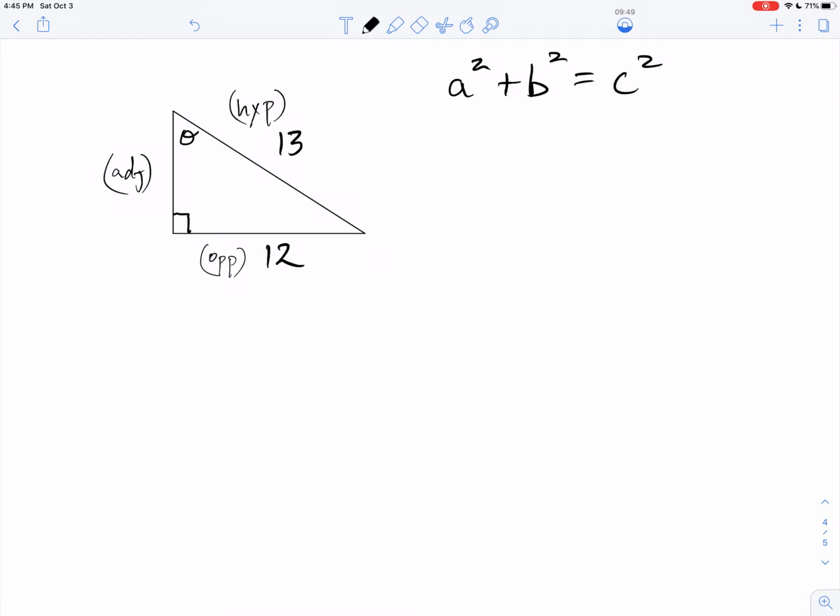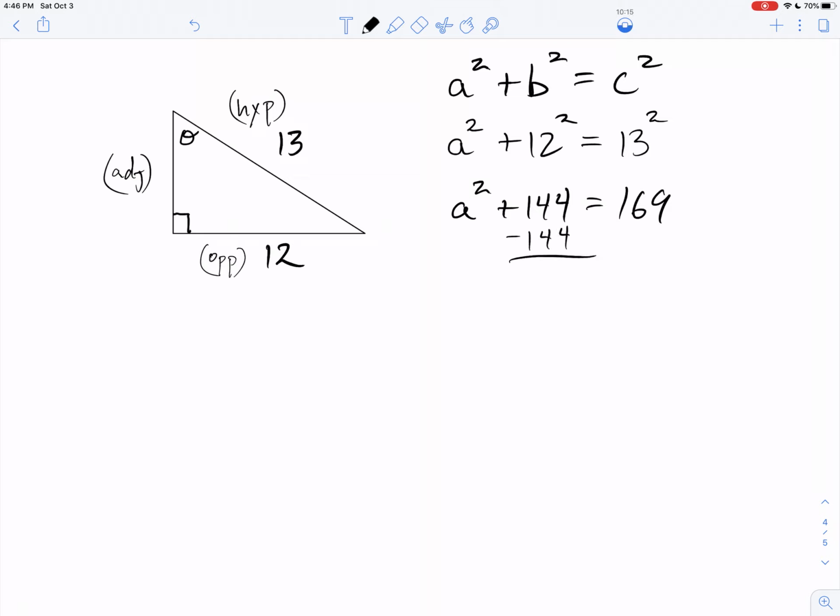It's always the longest side. So one of these legs, I don't know what it is, but the other one, they told me it was 12. And then the hypotenuse is 13. So if I work on this one, I could say a squared plus 144, 12 squared, equals 169. That's 13 squared. I could move this over then and subtract, and I get a squared is equal to 25.